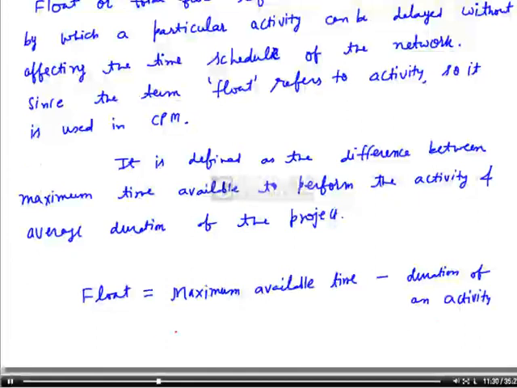So maximum available time is the latest finish time minus earliest start time. So this is the maximum available time for a given activity, and duration time is the average time estimate. Therefore, the LF can be written as TL of J minus ES can be written as T of I minus T of IJ.